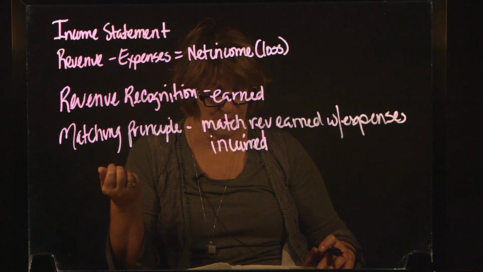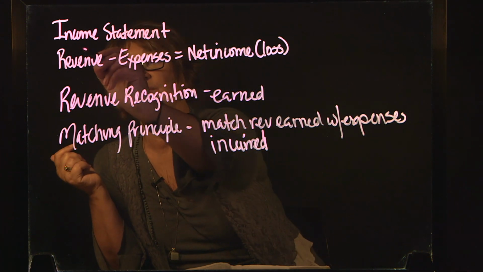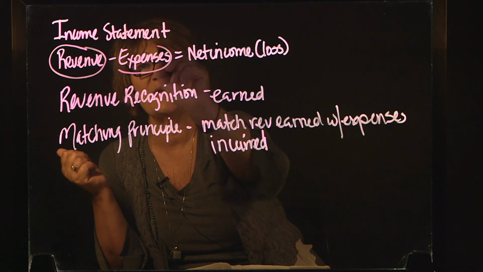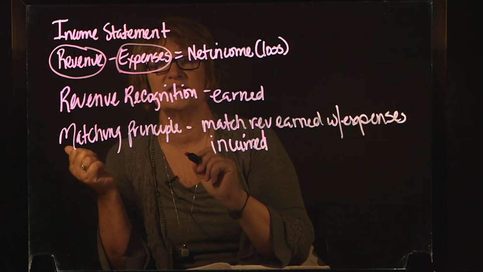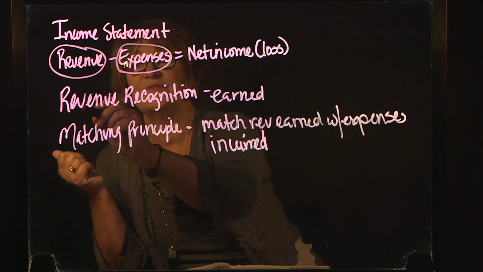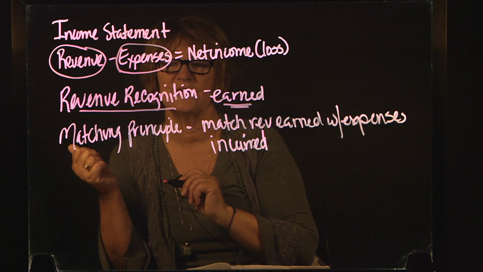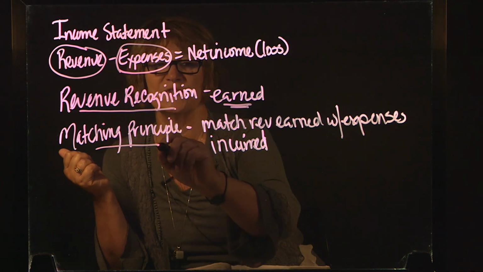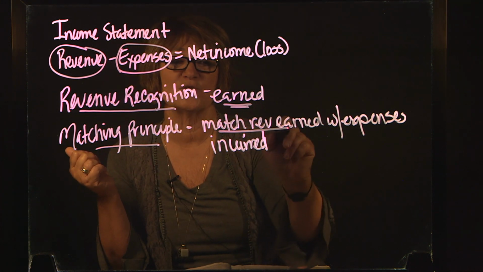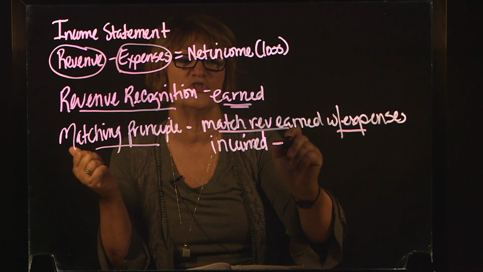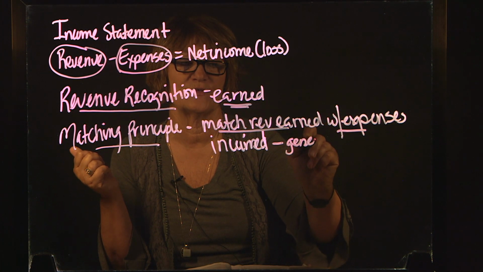That's very important. So we have revenue, an increase in resources, and expenses, a decrease in resources. Revenue recognition: record the revenue when you've earned it. And the matching principle: we match revenue when earned with the expenses that help generate those revenues.